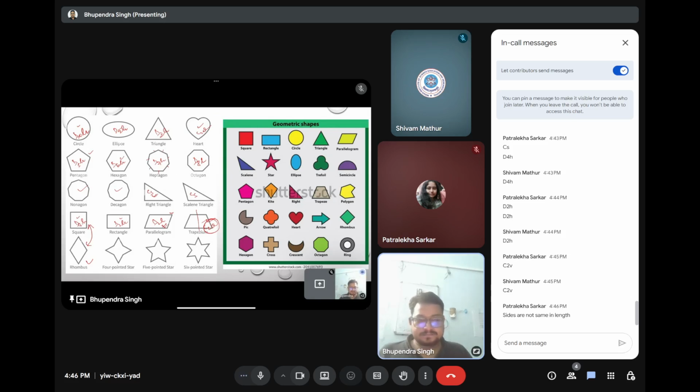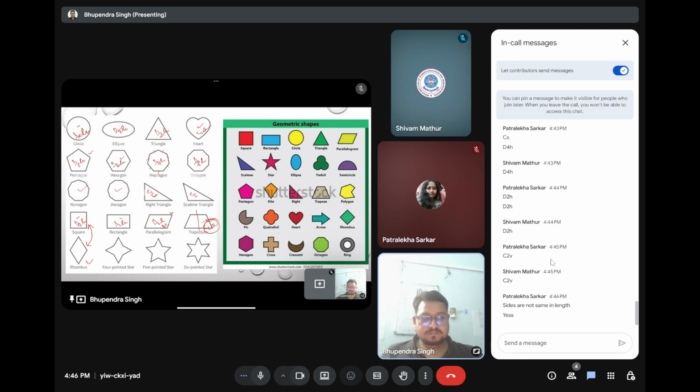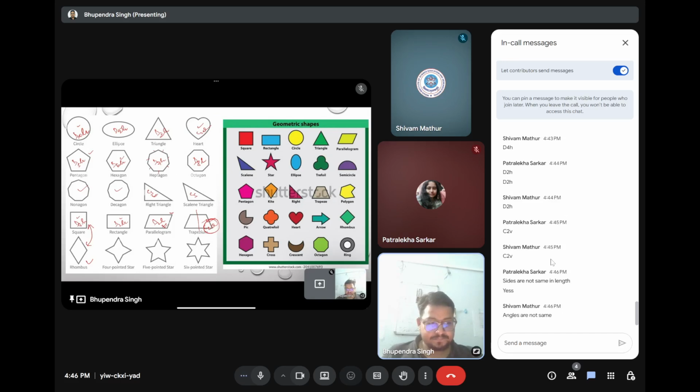Or angle? Sides are the same but angles are not 90 degrees. All the four angles. Angles are not the same, yes.